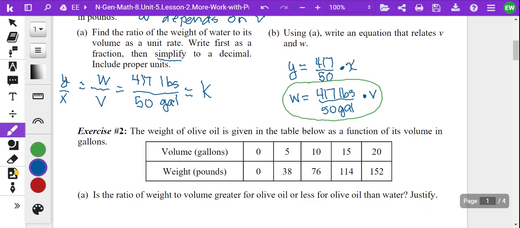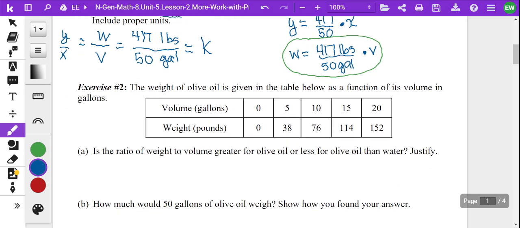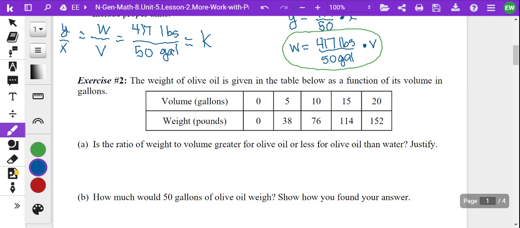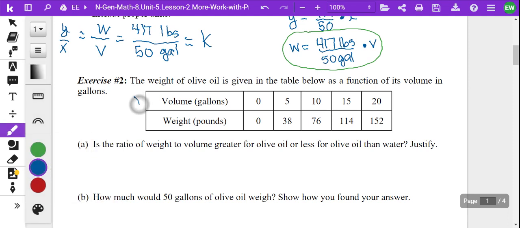All right, so we're going to do another weight and volume function. So we determined already that our volume is x and our weight is y. So the weight depends on the volume. Okay? So is the ratio of weight to volume greater for olive oil or less for olive oil than water? So first we have to figure out the ratio.